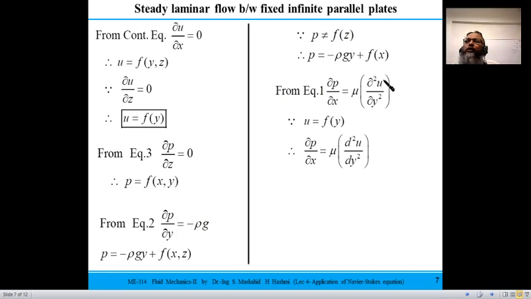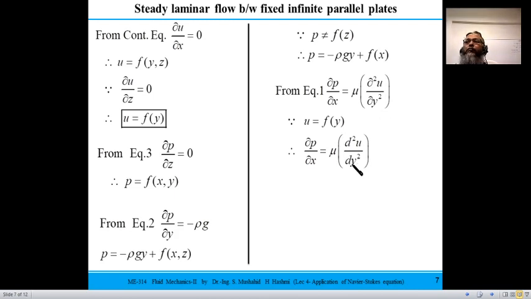Since we have already concluded that the velocity is a function of y, the velocity is changing as y is changing. So velocity is a function of only one variable, and we have converted this partial differential into an ordinary differential.